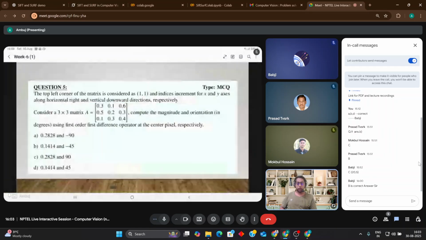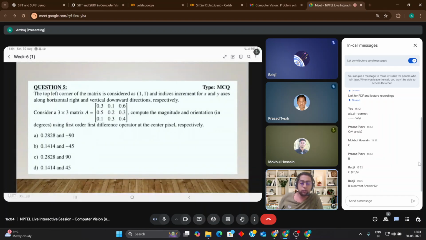Question number 5. The top left corner of the matrix is considered as 1 comma 1, and indices increment for x and y along the horizontal right and vertical downward directions respectively. Then consider a 3 by 3 matrix A equal to 0.3, 0.1, 0.6, then 0.5, 0.2, 0.3, 0.1, 0.3, 0.4.